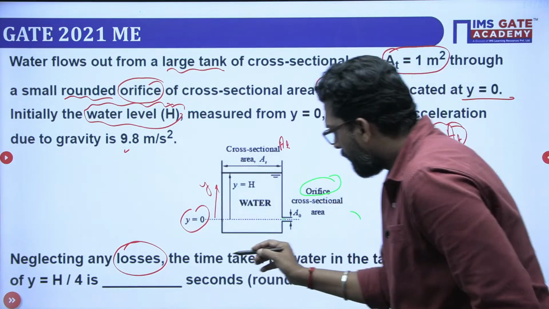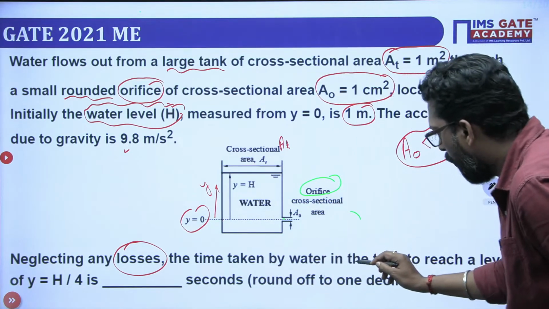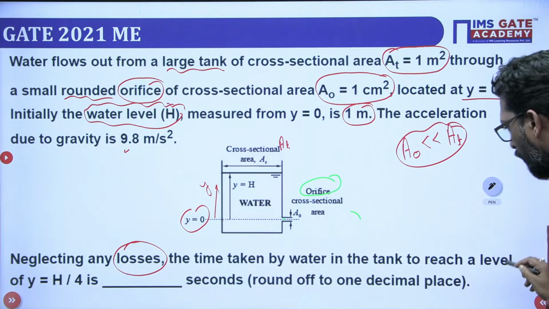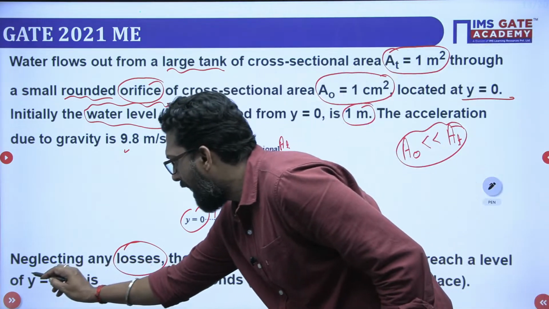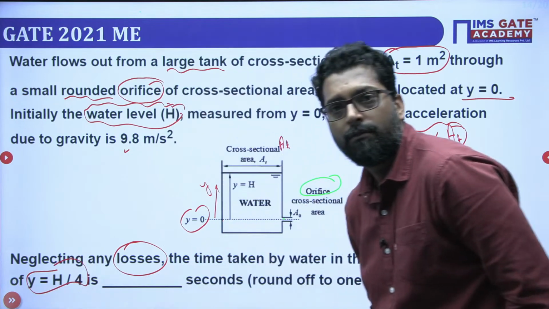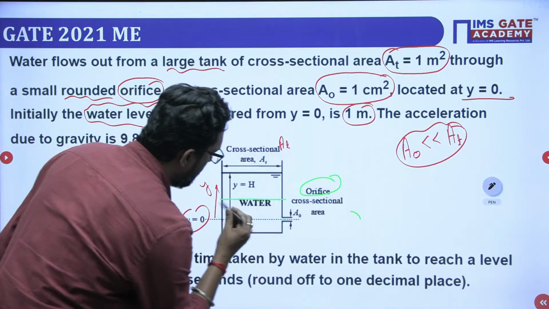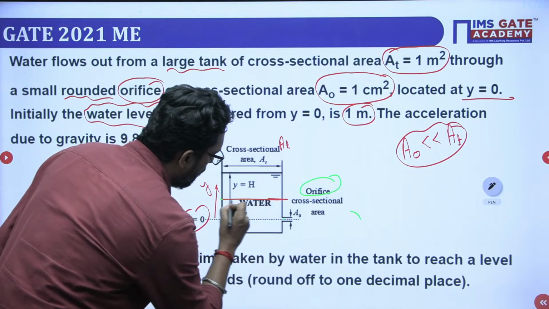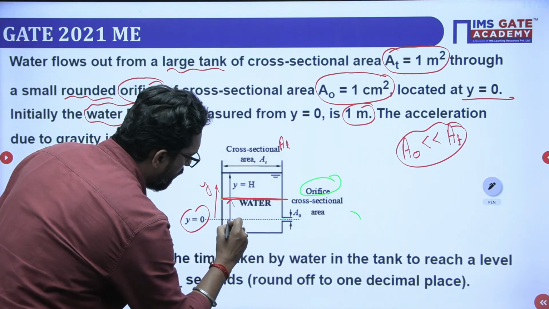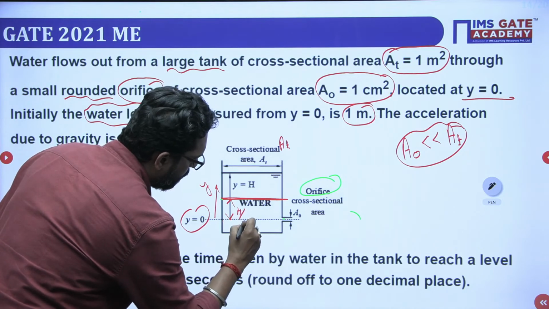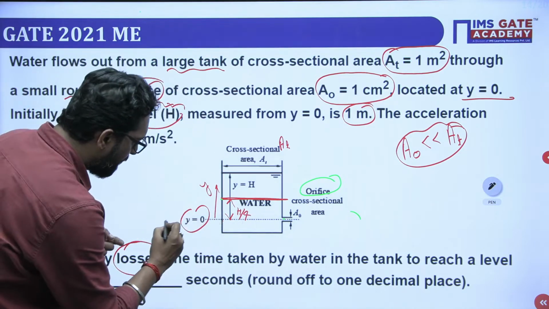Okay, the time taken by the water in the tank to reach the level y equal to h by 4. That means, what time will it take when y equals h by 4, and we have to take the measurement at this point.